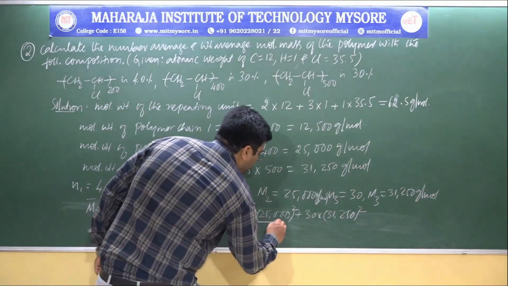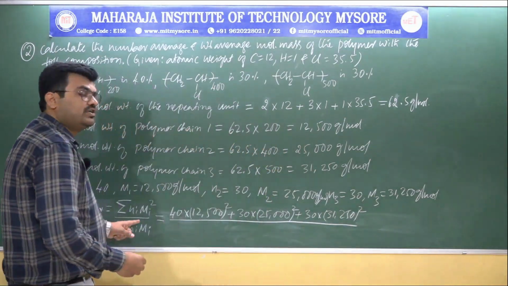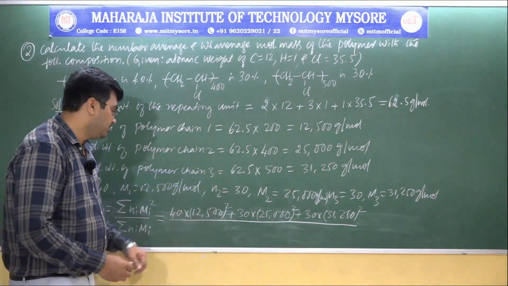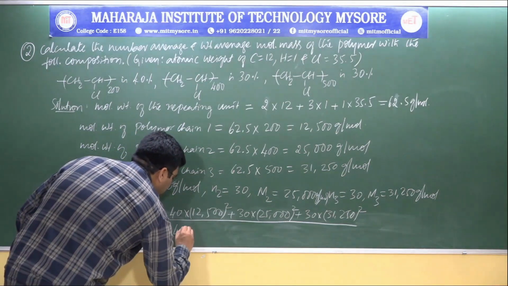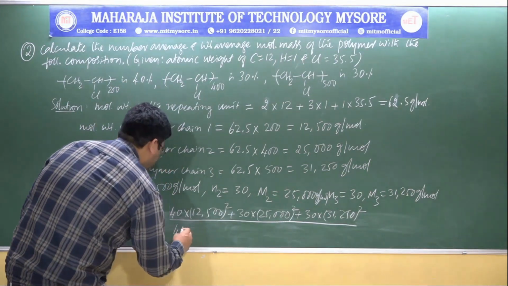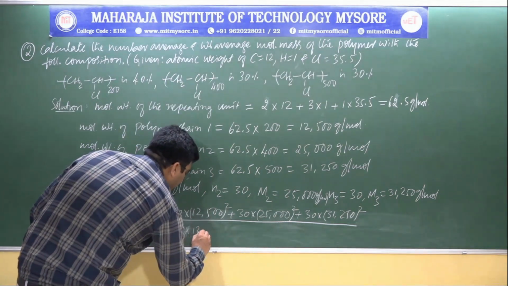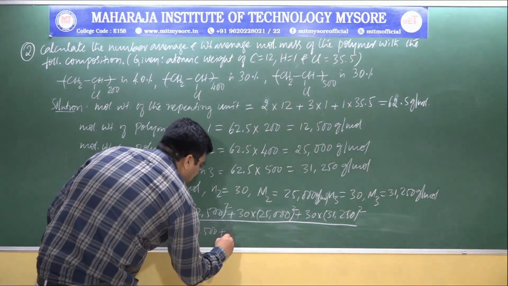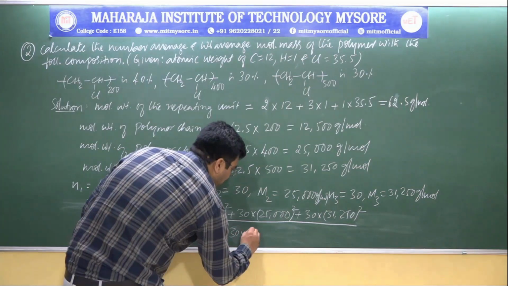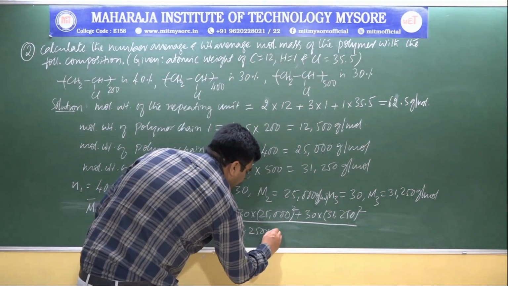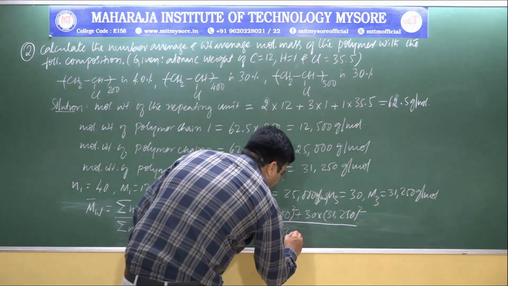That divided by N1 M1 plus N2 M2 plus N3 M3, so 40 into 12,500 plus 30 into 25,000 plus 30 into 31,250.